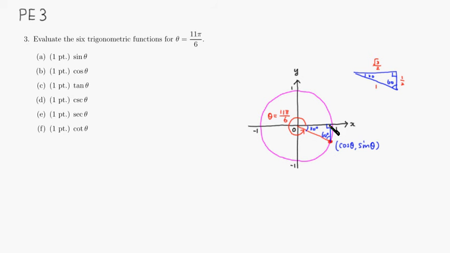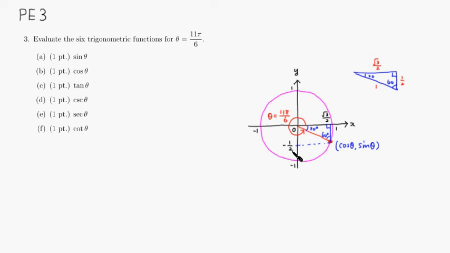So the distance from the origin to here is square root of 3 over 2, so that is the x-coordinate. Since this length is 1/2, the y-coordinate of that point on the unit circle is 1/2, but it's below the x-axis, so it's -1/2.